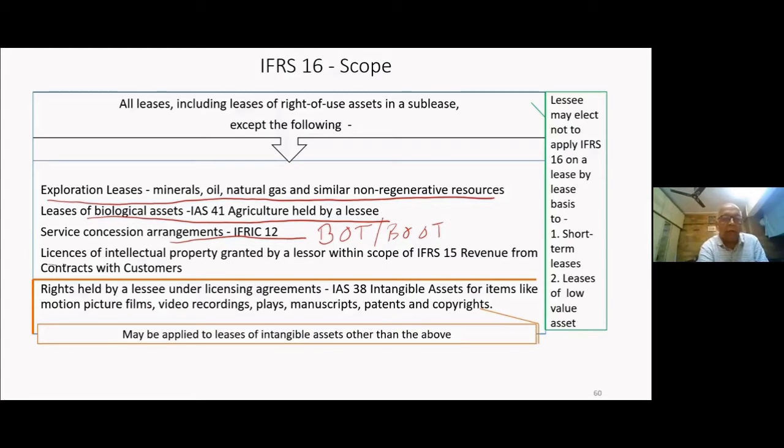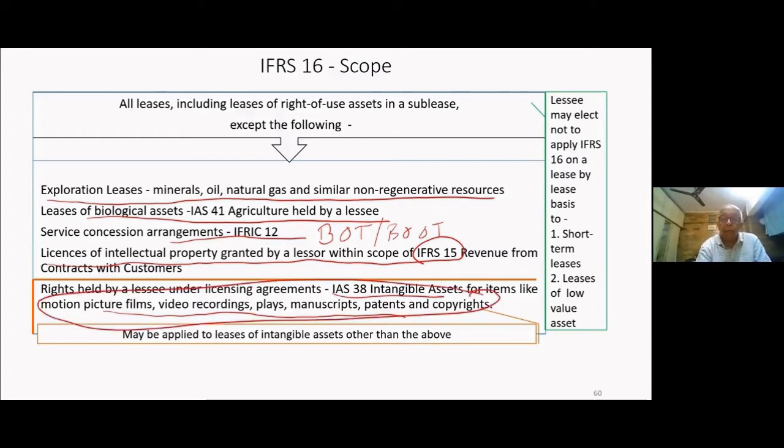Then licenses of intellectual property are under IFRS 15, not under IFRS 16. Then intangible items like motion pictures and video recordings are under IAS 38. Other than these items, you can and you should apply IFRS 16.